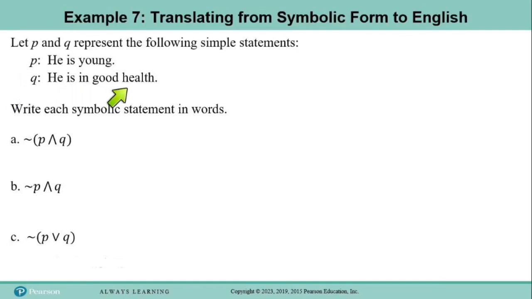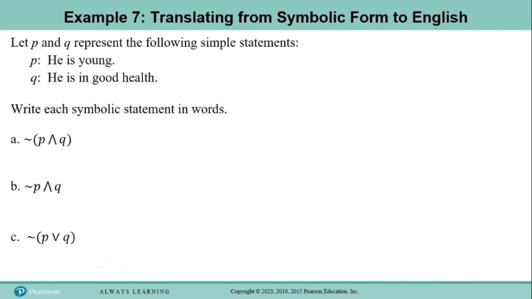Statement Q, he is in good health. Write each symbolic statement in words. So part A is the negation of "P and Q." So because the "P and Q" is in parentheses, the negation applies to the whole thing.